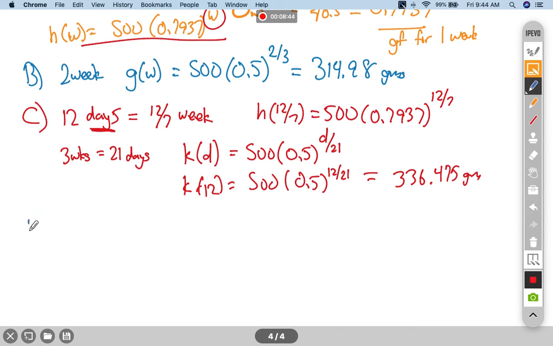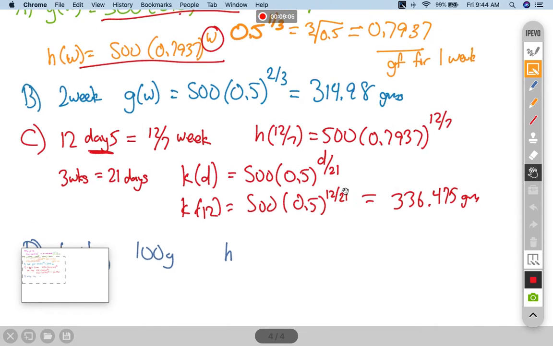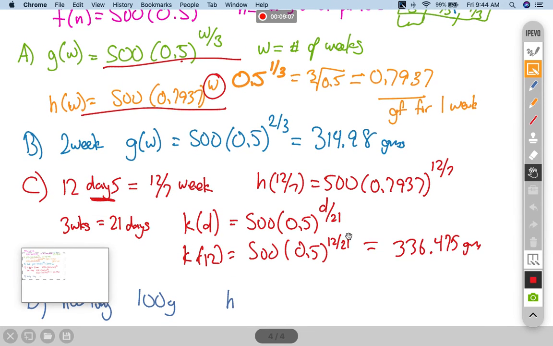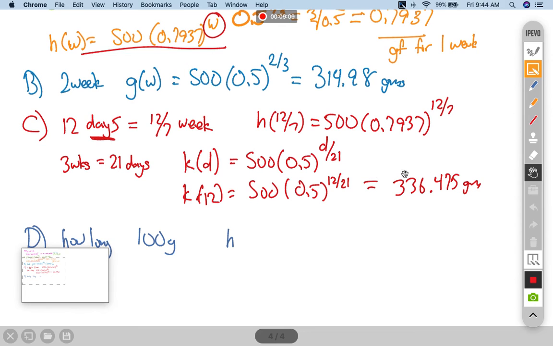Last question was how long to get to 100 grams. And again, what was my function? My function was G of W. We'll use that one.